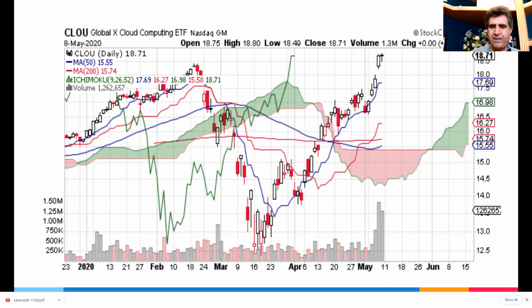So I think hopefully this is helpful, because maybe we can interpret what is going on with all these lines. So as you can see, this was the closing price. This is the cloud, which is the cloud computing ETF, which we've been positive. It was at $18.71 on May 8th.